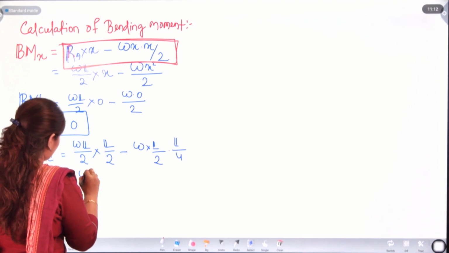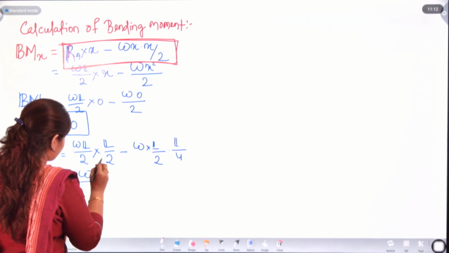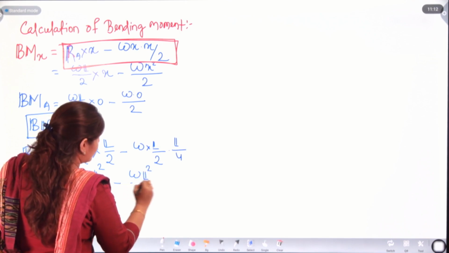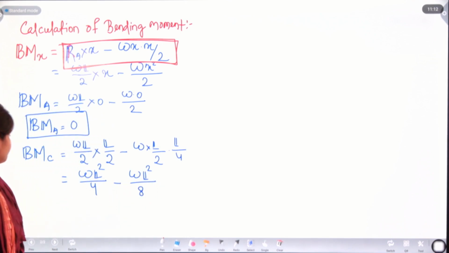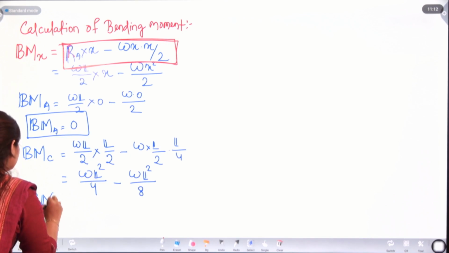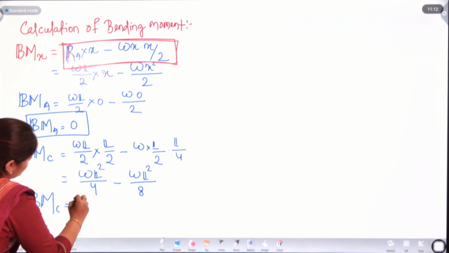So, WL square by 4 minus WL square by 8. Bending moment at point C is going to be what?